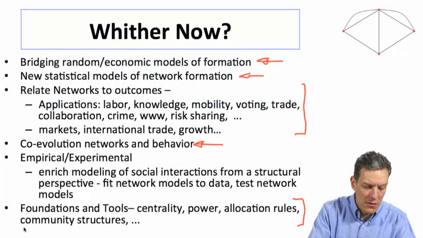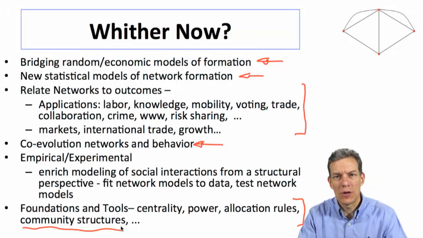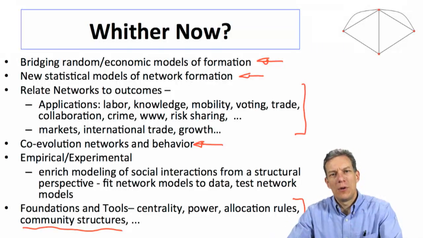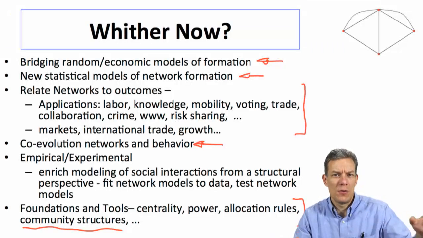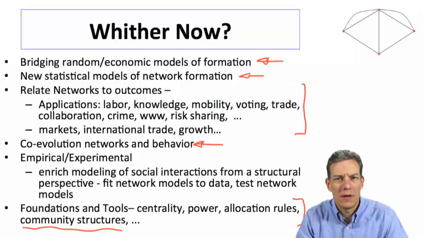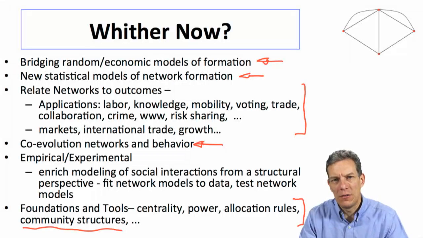There's an area that we didn't talk about, which is fairly rich, in terms of detecting community structures. So you're given a network and you're trying to uncover who are the individuals that sit in communities that are more likely to be interacting with each other than others. So can we identify communities? There's many different algorithms for doing that. Which are the right algorithms? What are the right techniques for doing that? How is value allocated over a network?